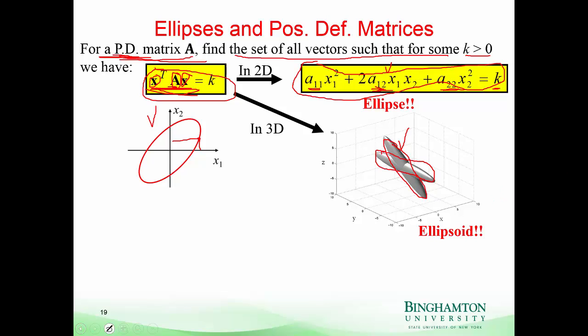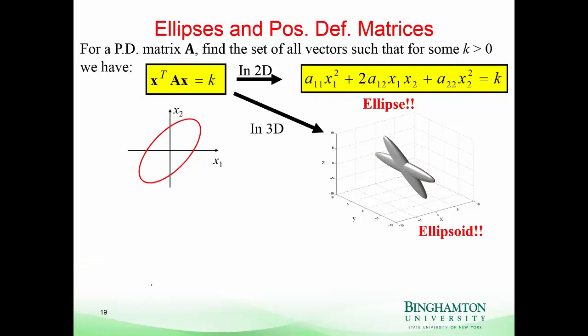So I just showed 2 of them. And in higher dimensions, 4 dimensions, well, you can't draw it, but it's going to be a 4-dimensional ellipsoid, a 5-dimensional ellipsoid, a 50-dimensional ellipsoid. I don't know what that's going to look like, but you can sort of, no, you can't really visualize it. But you can visualize a 3-dimensional one.